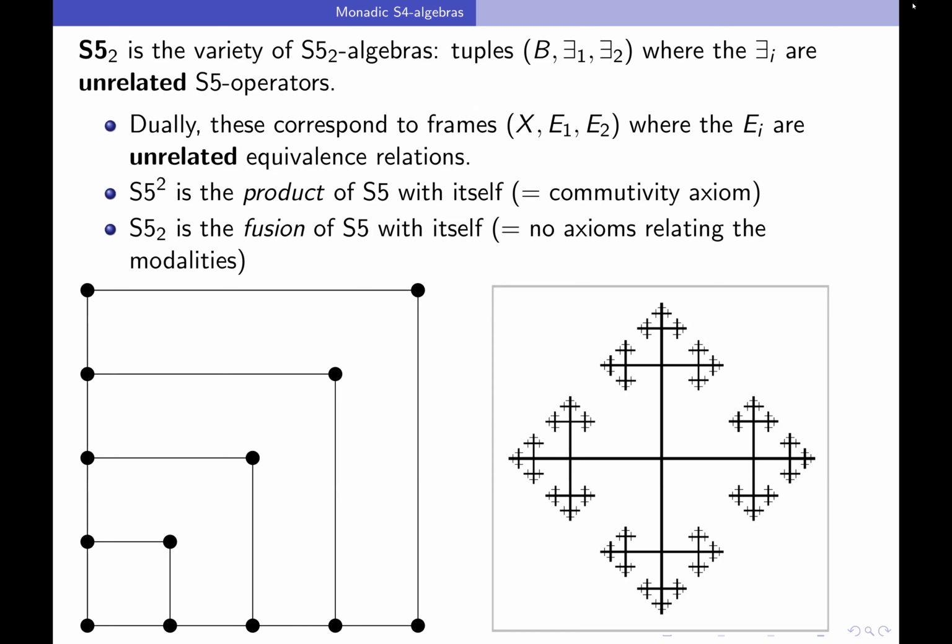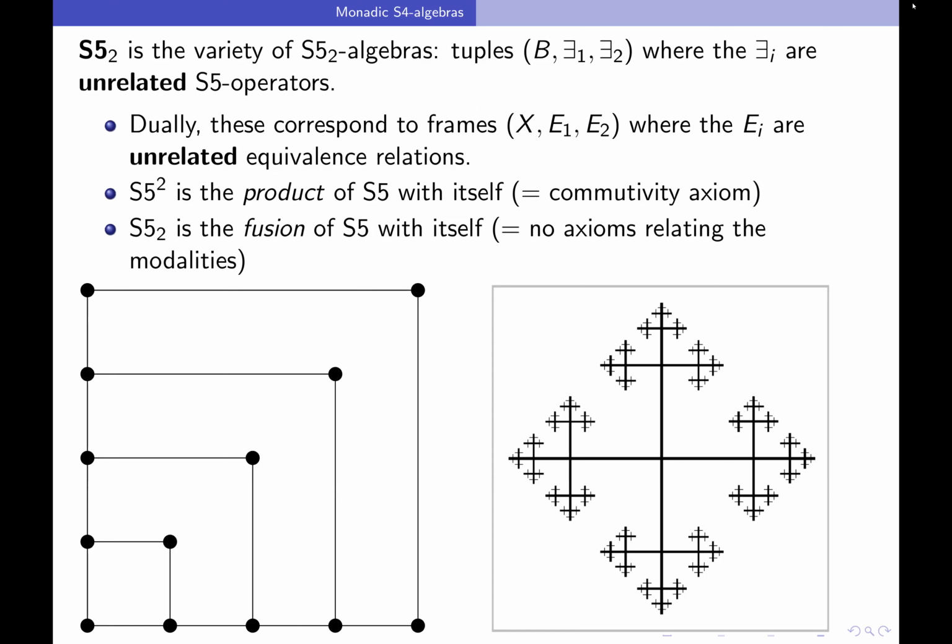And as you might imagine, these can be pretty complicated. One equivalence relation is easy to understand. Two equivalence relations that have absolutely no compatibility relationship with each other are very hard to understand. It's sort of like, one bit of information you can't do very much with, but with 2 bits of information you can make the internet.